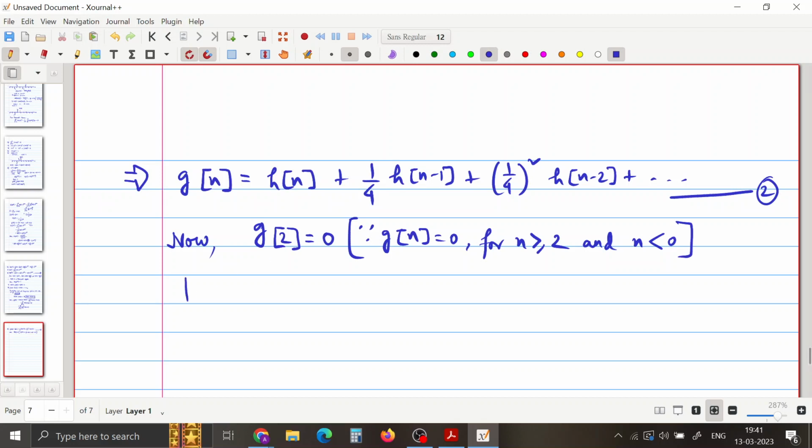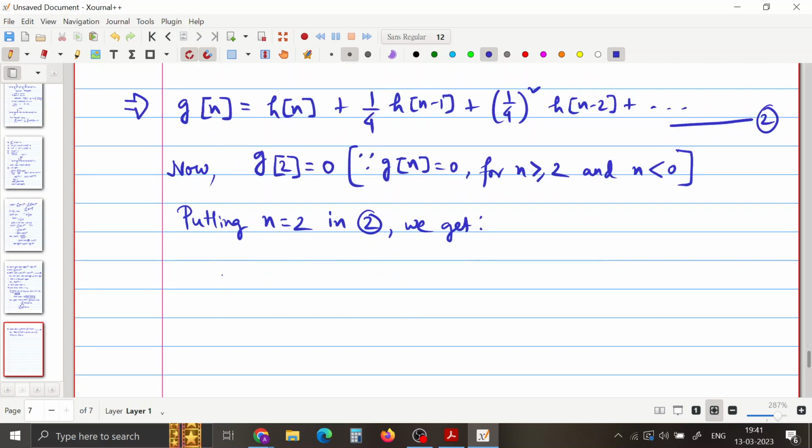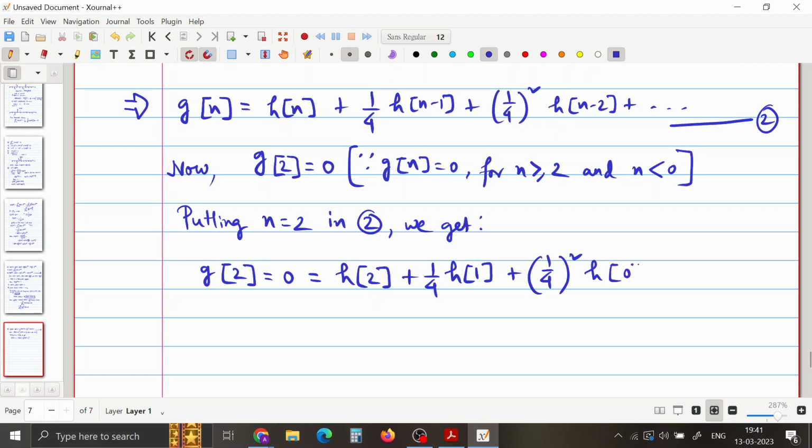Putting n equals 2 in equation 2, the left hand side becomes g of 2, which is 0, and on the right hand side we have h of 2 plus 1/4 h of 2 minus 1, which is 1, and we have 1/4 square h of 0.